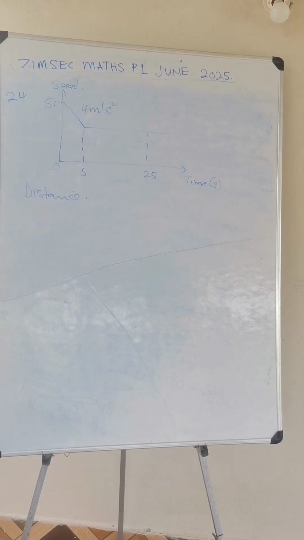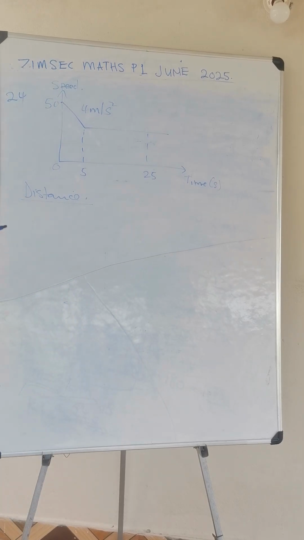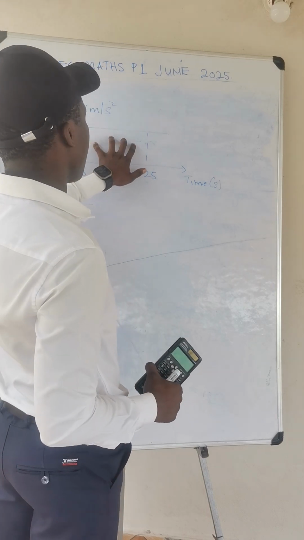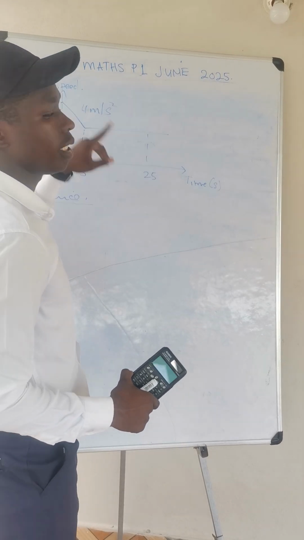To calculate the distance on a speed time graph is very simple. If you are asked to calculate the distance, what they are trying to say is calculate the area under the graph. Distance is simply the area under this speed time graph.